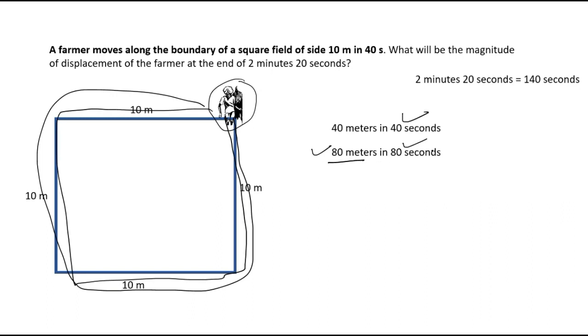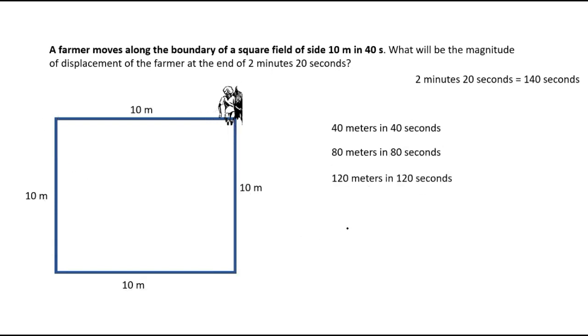Now how much time is over? 80 seconds, right? Now again the next round. If he goes for the next round, 120 meters he will be covering in how many seconds? 40 plus 40 plus 40. And why 40 plus 40 plus 40? Each round he takes 40 seconds, right?